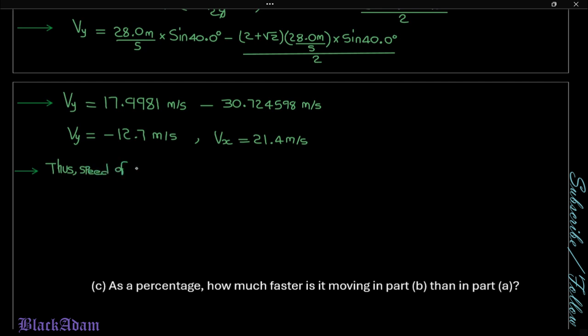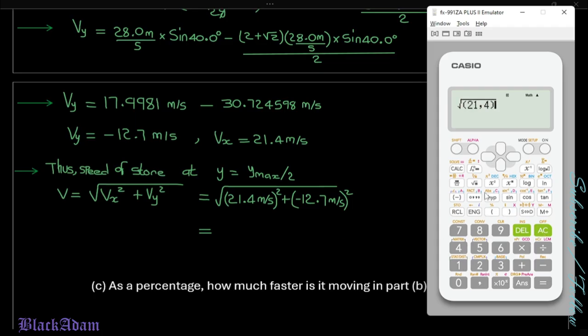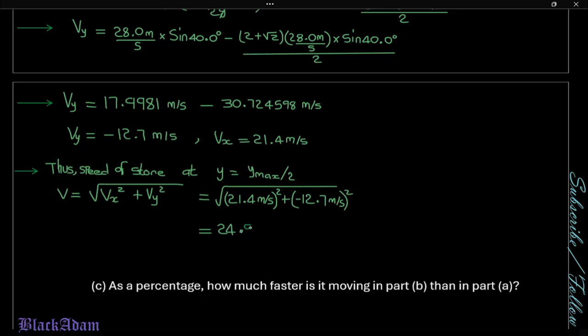So the speed of the stone as it reaches y equals half of y max on descent is the root of the sum of the squares of the velocity components: 21.4 meter per second squared plus negative 12.7 meter per second squared. The root of 21.4 squared plus negative 12.7 squared is 24.9 meter per second.